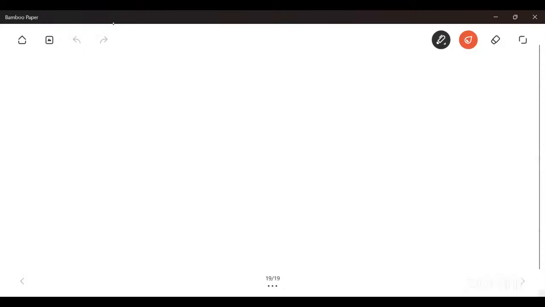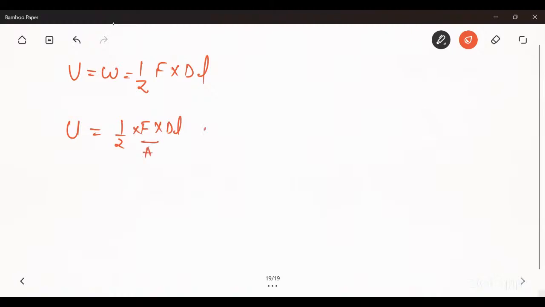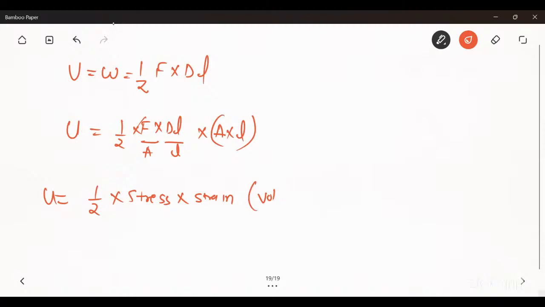So U is equal to W, equal to 1 upon 2 F into delta L. Now multiply and divide by A, and also by L. So U is half into F upon A, which is stress, and change in length upon original length, which is strain, into area into length, which is volume.